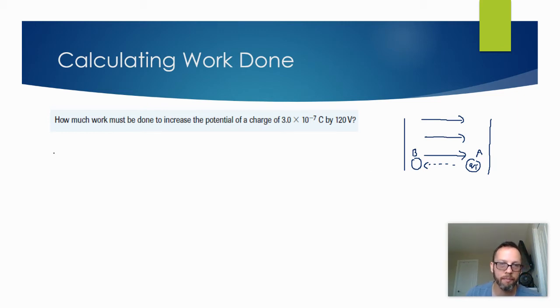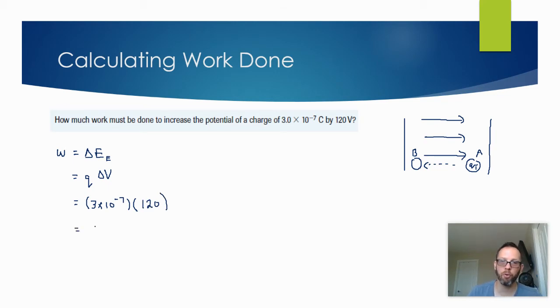So the work done is equal to the change in electric potential energy, which we now have a formula for. It's Q times delta V. Signs matter with energy and potential. So we have 3 times 10 to the minus 7 and the potential difference, 120 volts.